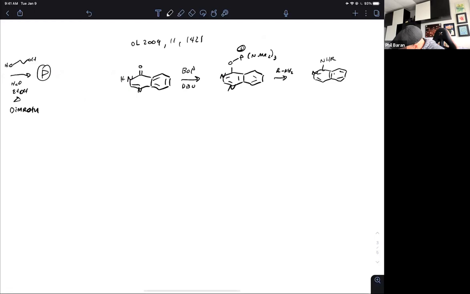Now, if we are well versed in Dimroth and think about another way to do this, these folks at BMS, led by the great Percy Carter, found that you could use PyBroP, and that, instead of leading to O activation, led to N activation. And because it is a uronium salt, the intermediate you get is quite a bit different. And it looks like this.